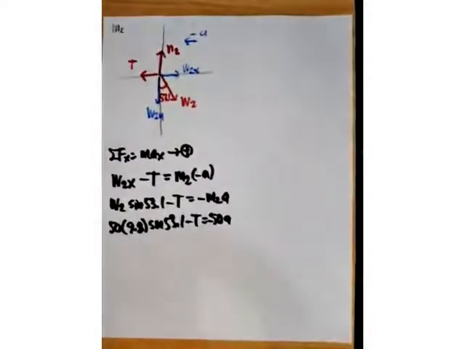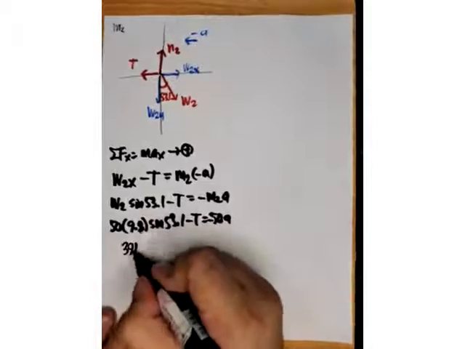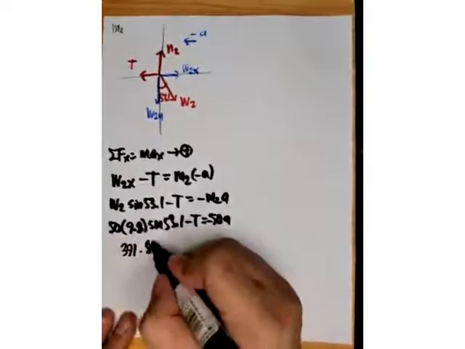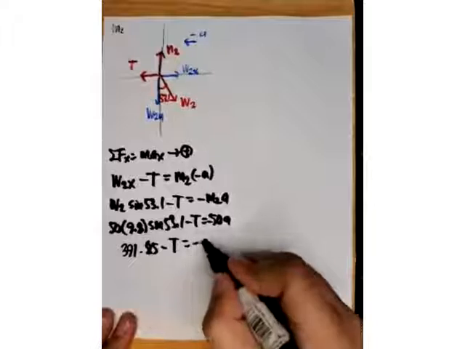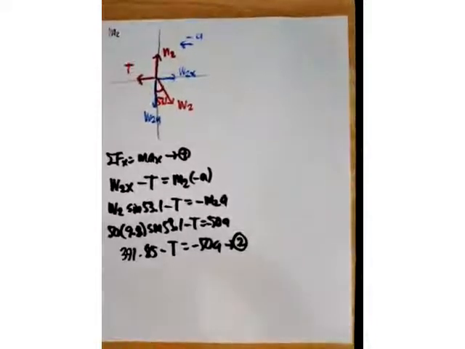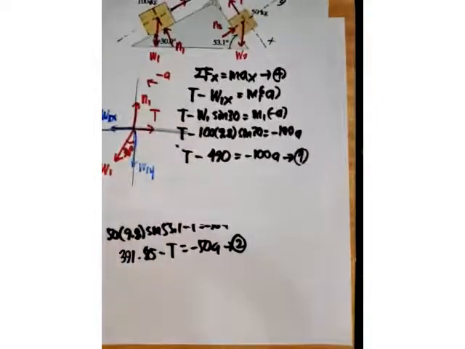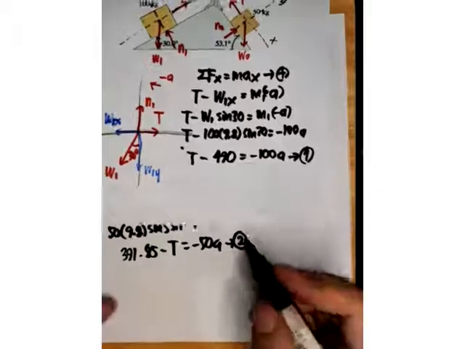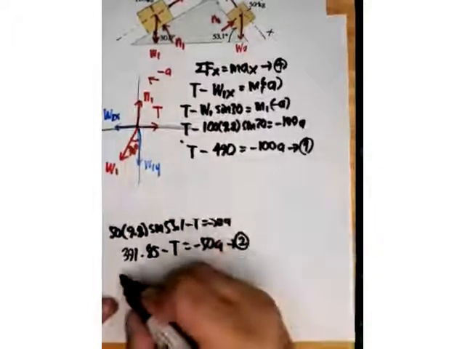So let's simplify. So it's 50 times 9.8 times sine 53.1. It's 391.85 minus T is equal to negative 50A. So this will be our second equation. Tama ba ako? 391. Ayan. Okay? Now let's solve simultaneous with equation 1. So pagpapalitan ko lang.